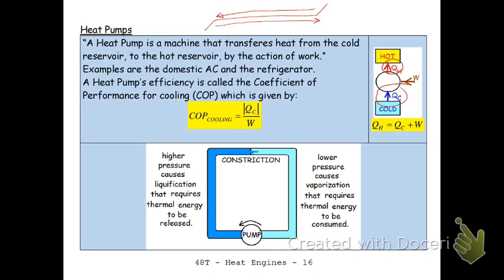And the trick is, I don't have to do that in the same place. If I can vaporize a liquid in my house and then take that vapor outside and condense that liquid in the backyard, I take in heat in my house and then I expel heat in my backyard. I'm using a mechanical change to drive a thermodynamic change.